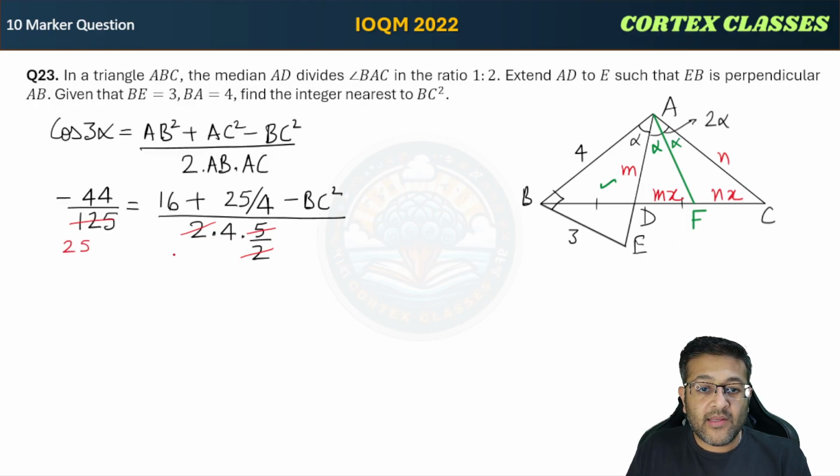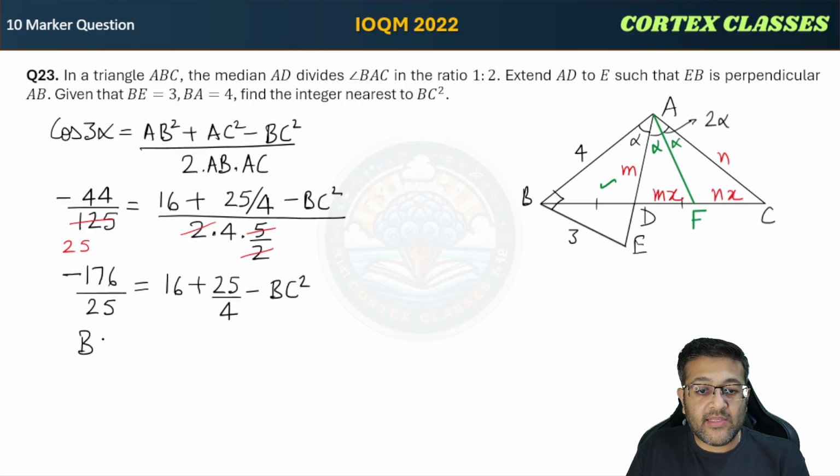है ना? Anything else? We can multiply this 4 to the other side. So now let's multiply this 4. So guys, we'll get minus 176 upon 25, right? Equal to 16 plus 25 by 4 minus BC square. That's it.